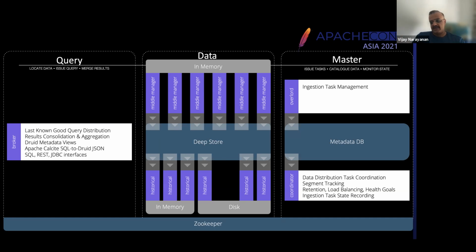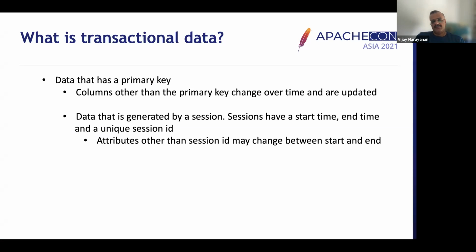So this takes us to the question of what is transactional data, what are the issues around handling it in Druid, and what are the benefits that you can get by storing transactional data in Druid. The way I think about transactional data is data that actually changes around the primary key. So it could be customers who go through various stages on my website, or a user who is visiting my website and visits a number of different pages.